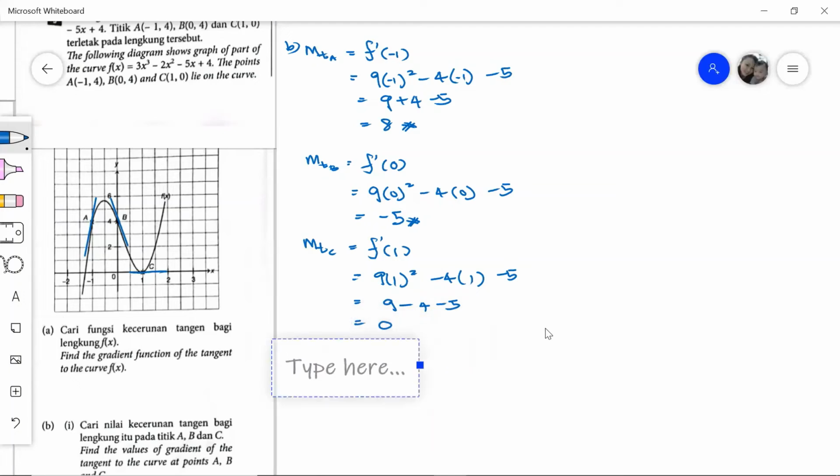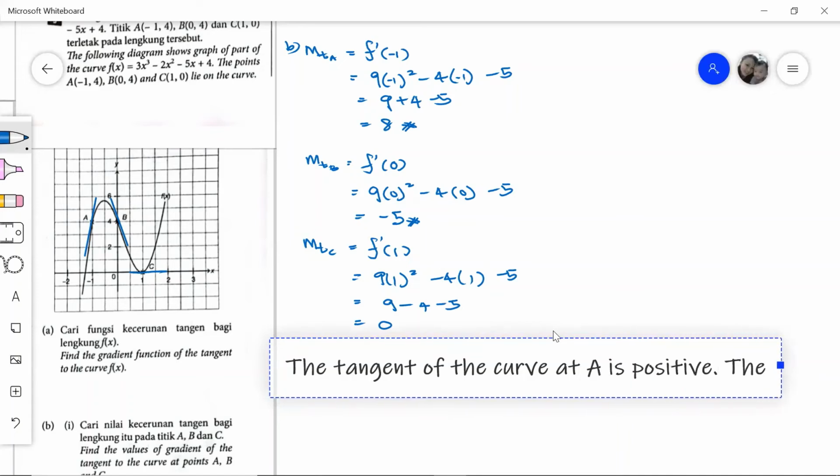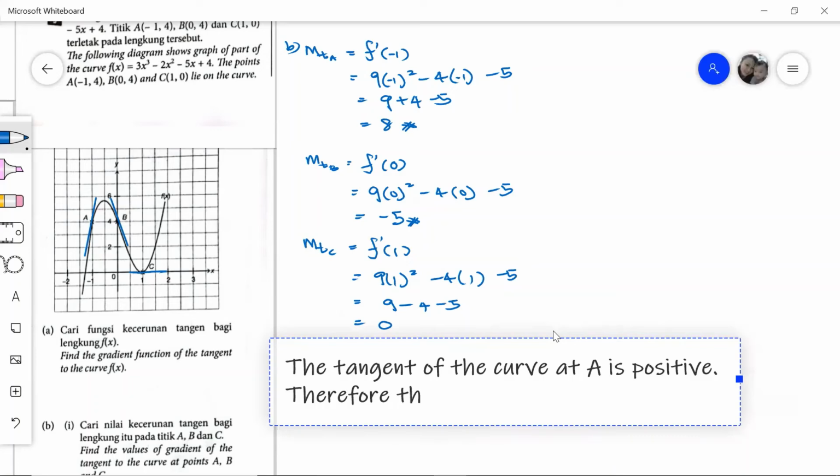The tangent of the curve at A is positive. Therefore, the tangent slants towards the right.